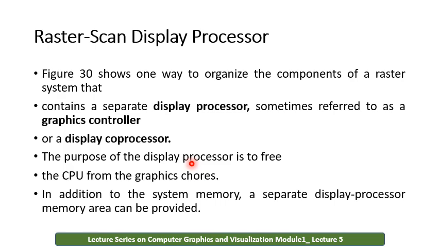In addition to the system memory, a separate display processor memory area can be provided. It is a part of the memory that is used only for the display processor, to free the CPU from some graphics tasks.